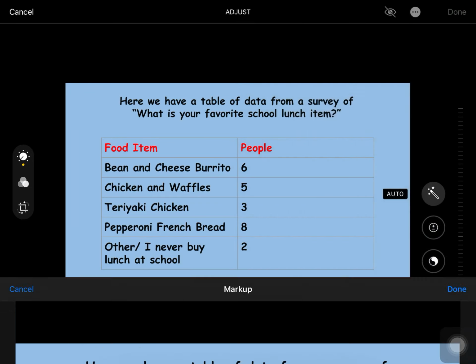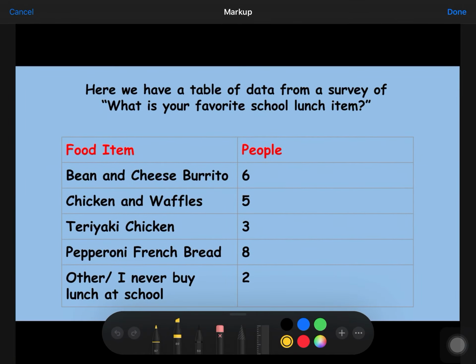I went through a menu and I found some lunch items. So I have bean and cheese burrito, chicken and waffles, teriyaki chicken, pepperoni French bread, or I have another choice that says other. So if you like another type of food item that's not listed here at school, or I never buy lunch at school. So that was another one of the choices.